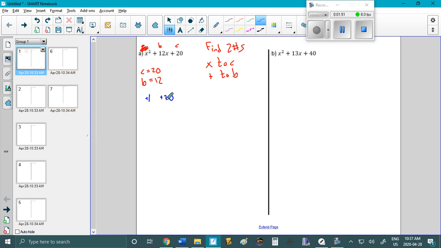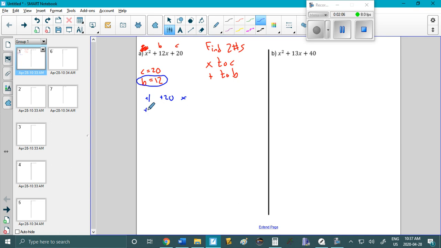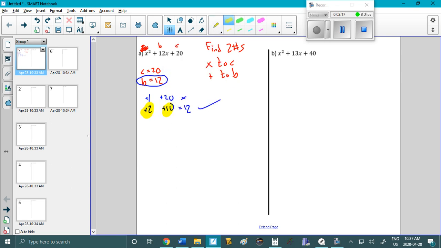I add them together, and if when I add them, I get this value, then these are my numbers. So 1 plus 20 is 21. So that doesn't work. 20 divided by 2, and remember, you can use a calculator, is 10. So that means we have 2 and 10. So plus 2 plus 10. If we add those, we get 12. And that's B. So our numbers are 2 and 10.